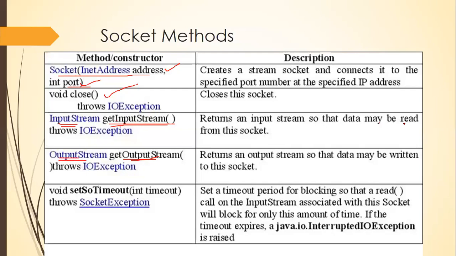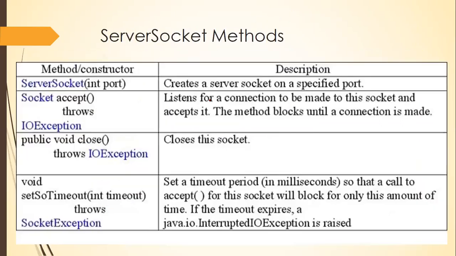So input stream is for reading and output stream is for writing. You even have setSoTimeout. It is to set a time period so that a particular read can be blocked. So these are socket methods, or these are client side methods.